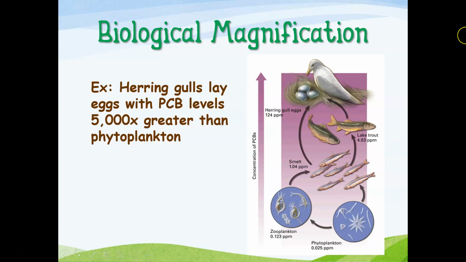And what was happening both here in these herring gull examples as well as the DDT with the bald eagles is that it was having incredibly dramatic impacts on the shells of their eggs. So those eggs are meant to be the next generation, right? They get fertilized, they become the birds of the next generation.